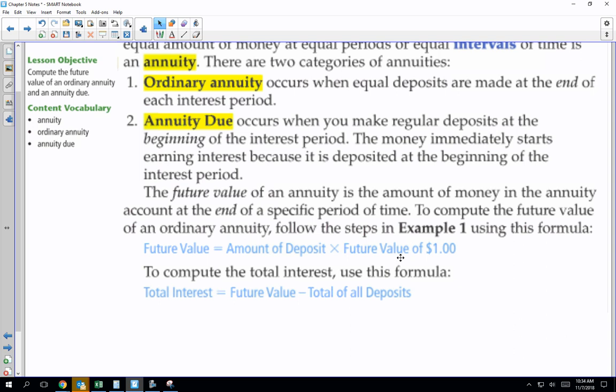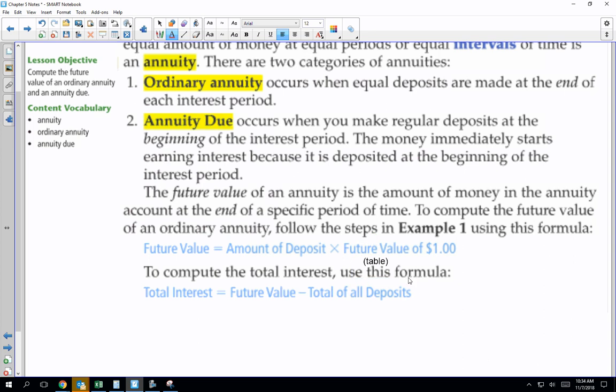This is the table amount. So if you guys could please write the word table in parentheses right here, that will remind you to find the future value of $1 in the table.